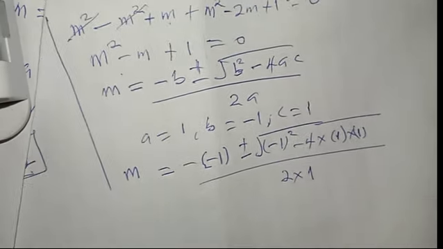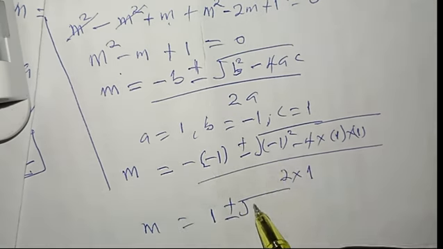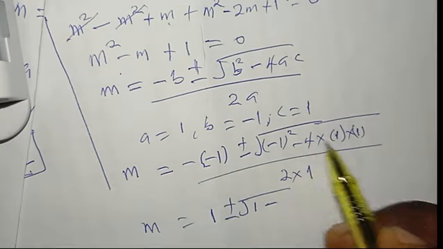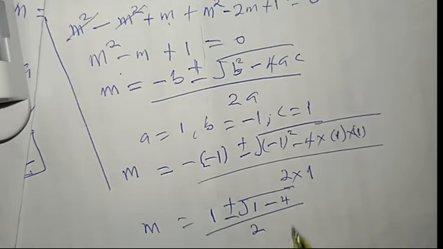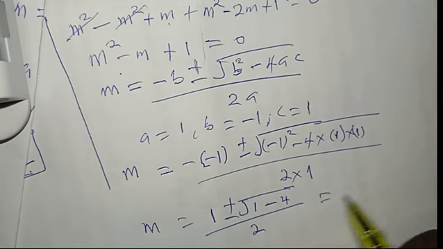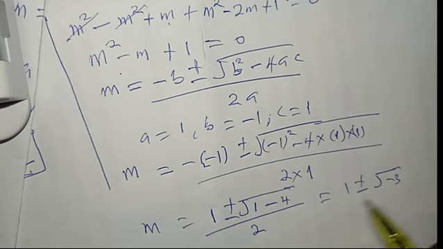Okay, so moving on, m is equal to 1 plus or minus the square root of 1 minus 4, divided by 2, and this will be equal to 1 plus or minus the square root of minus 3 divided by 2.